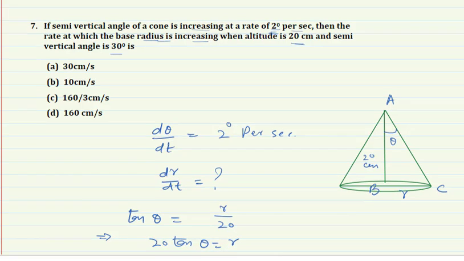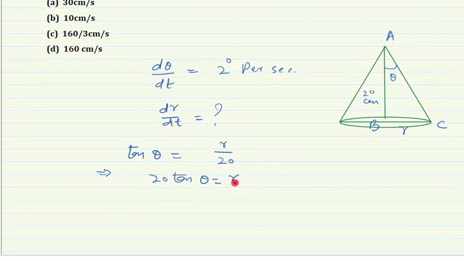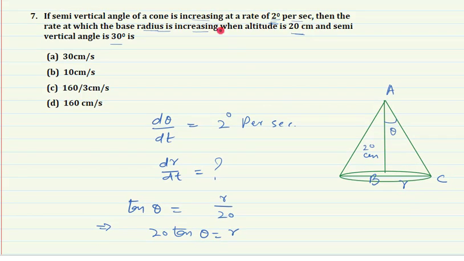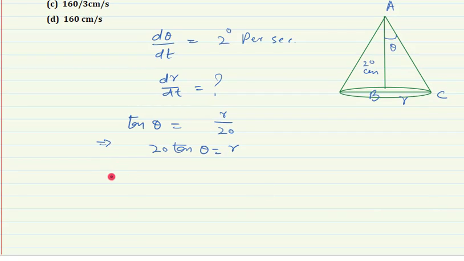Why are we taking r over here? Because we need to calculate the change in radius. That's why. So just calculating the derivative implies 20 secant square theta into d theta by dt, which is equal to dr by dt. Now d theta by dt is given to us as 2 degree per second.